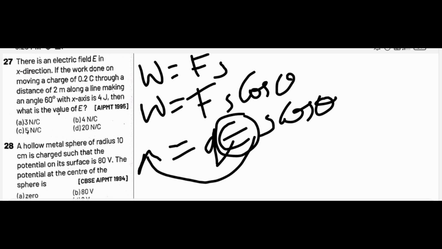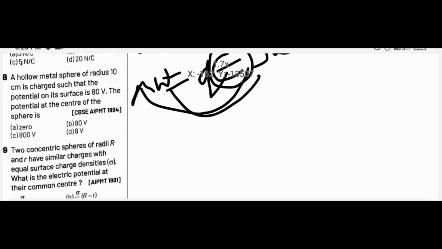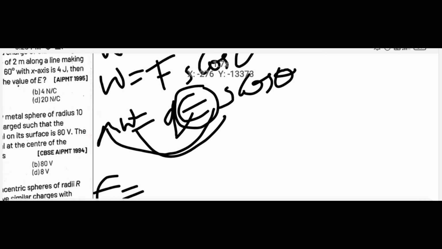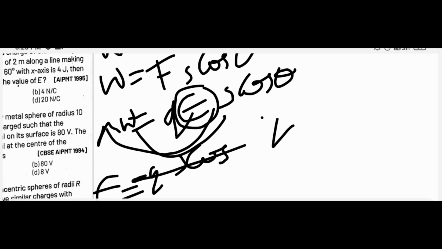They are asking for the electric field, right? Take the electric field on the left side and take the work to the right side, the Qs cos theta in the denominator. We will get the equation that electric field E is equal to W by Qs cos theta.